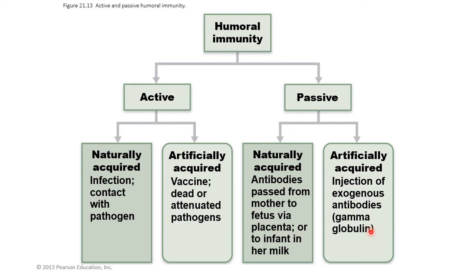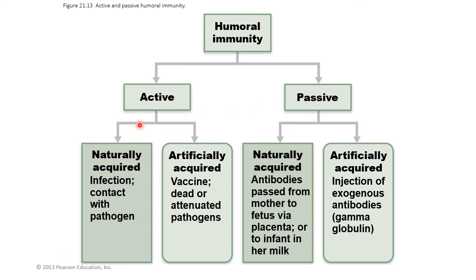Artificial passive immunity is an injection, like if you get a snake bite or rabies or tetanus, then you get an immunoglobulin injected and you're just getting the antibodies. In time, these will fade away. You're not stimulating a population of your own cells to make the antibodies, so you don't have memory.